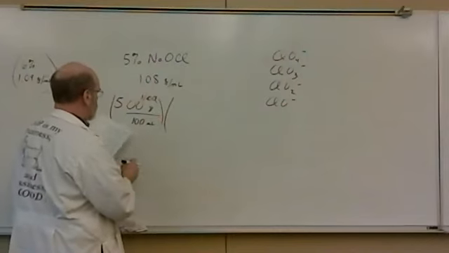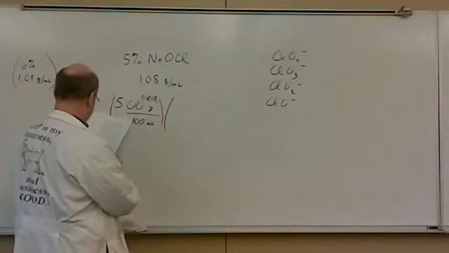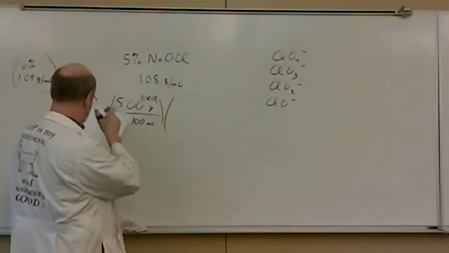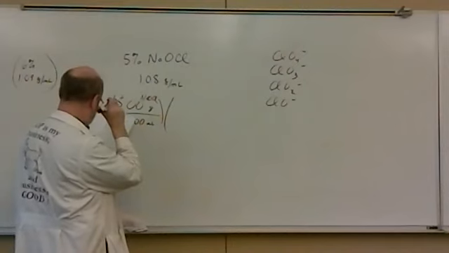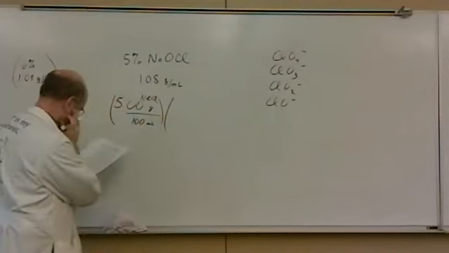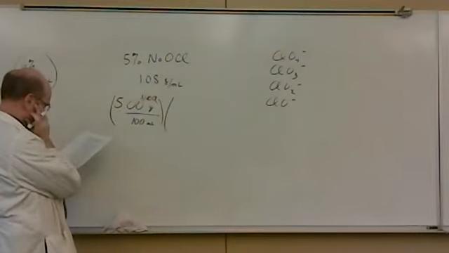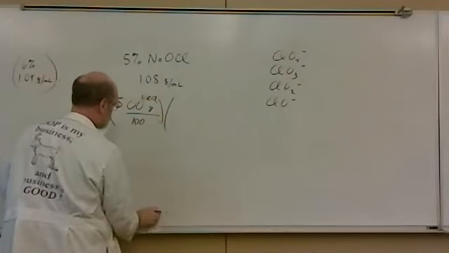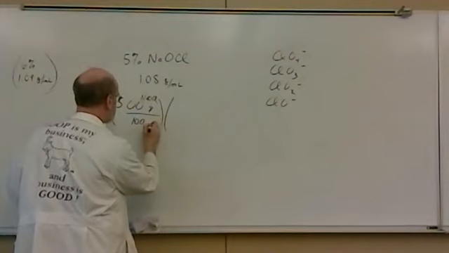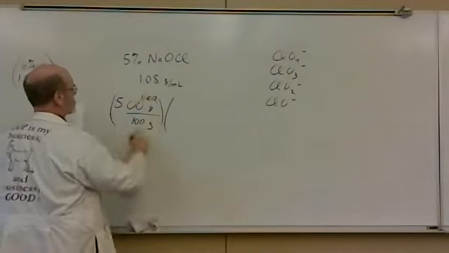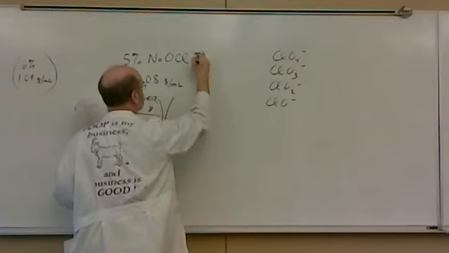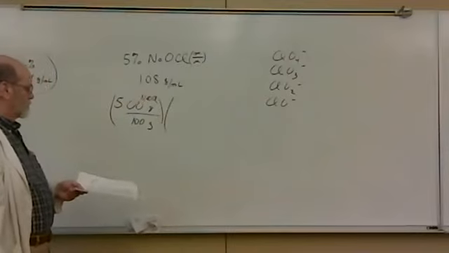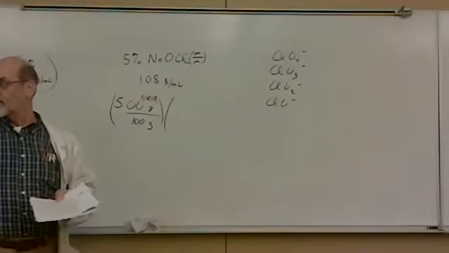So we need grams per liter. Ah, wait a minute. They're saying that this is mass. So it's 5 grams per 100 grams bleach.